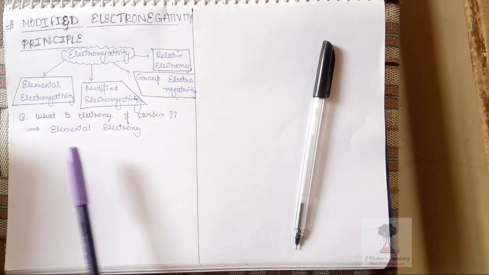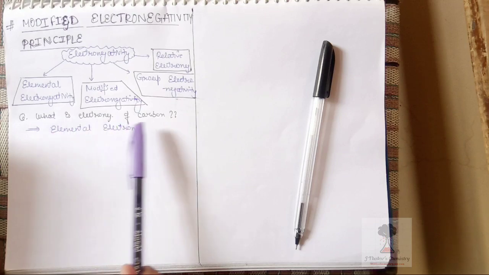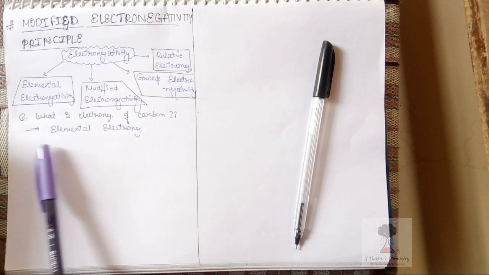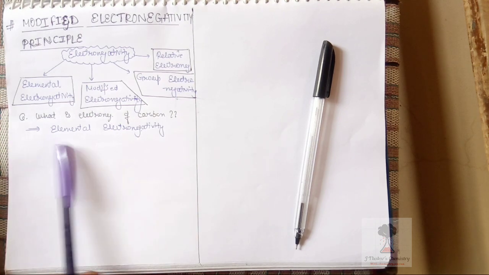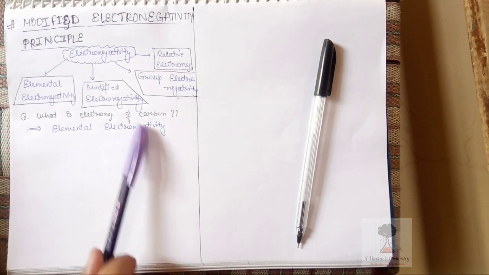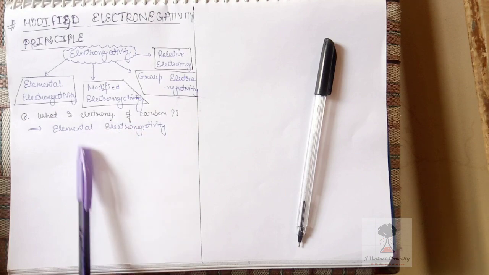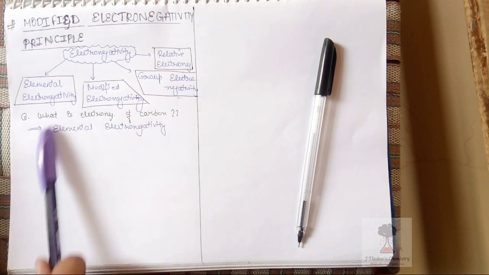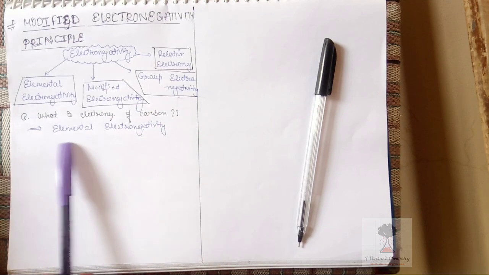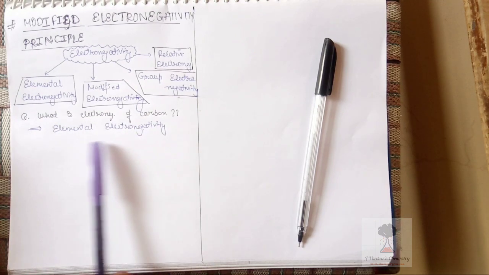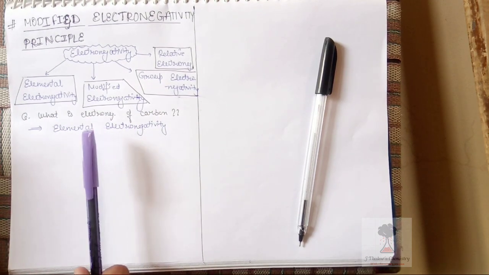If somebody asks what the electronegativity of carbon is, this type is elemental electronegativity. In elemental electronegativity, we are talking about the electronegativity of a particular element.